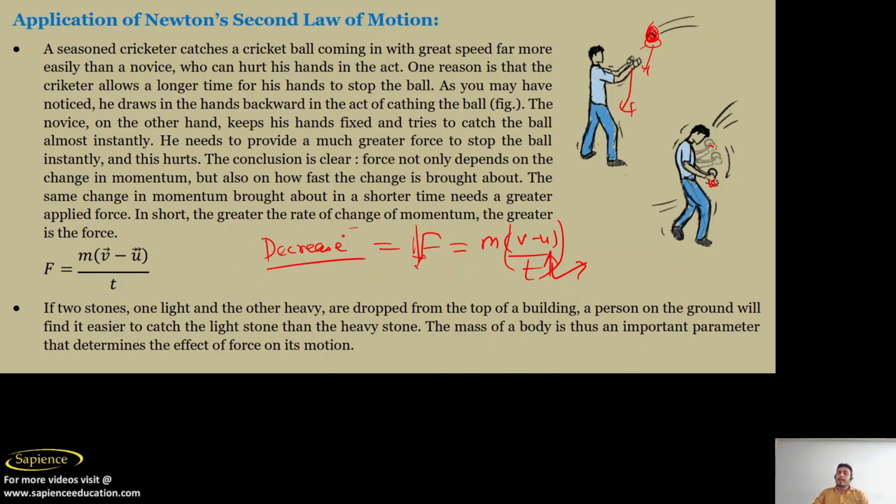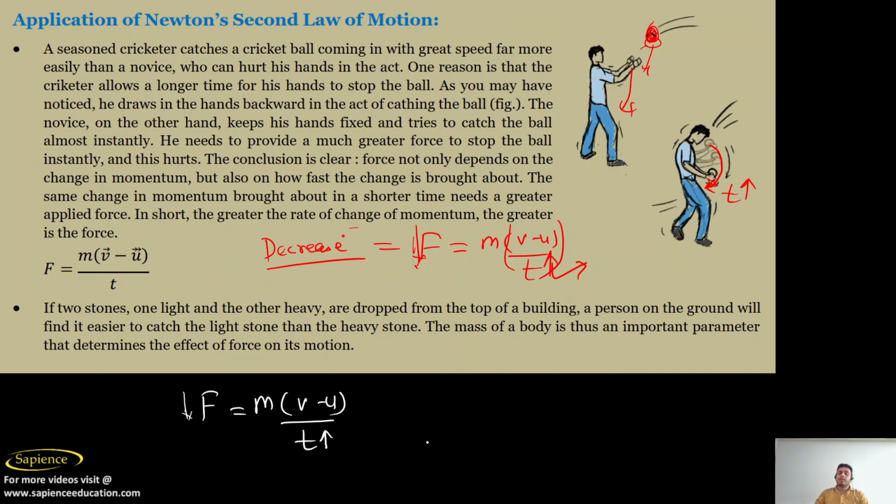When a player moves his hand backward, he is just increasing the time, and if F equals m(v minus u)/t, if he increases the time by moving the hand backward, then the force is decreasing, and if the force is decreasing, the player may get less hurt.